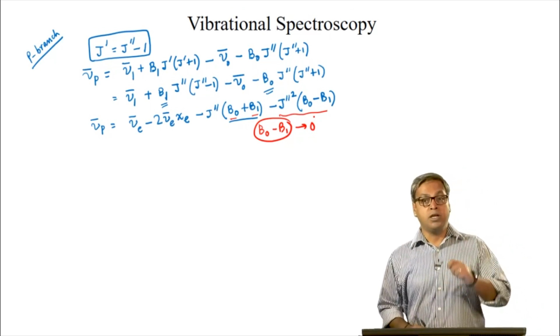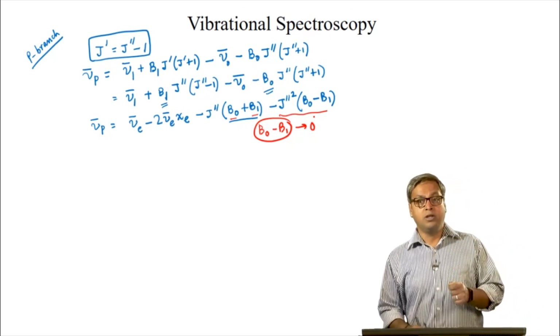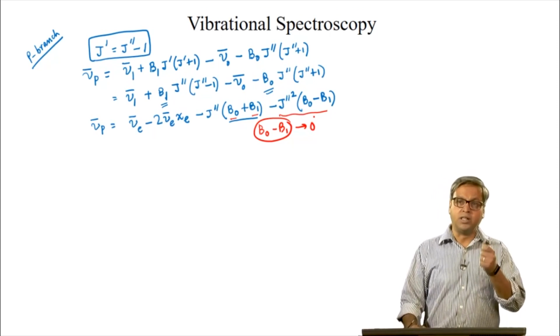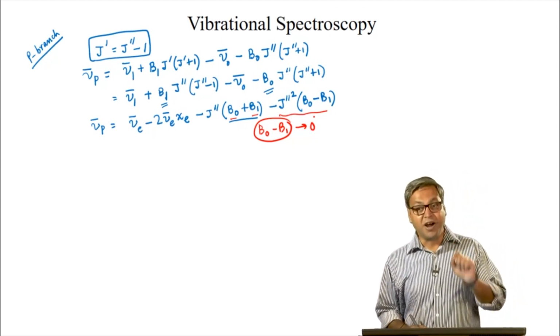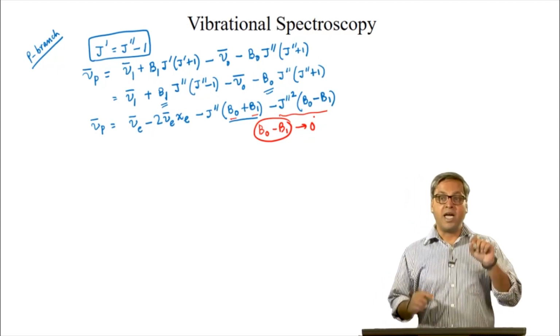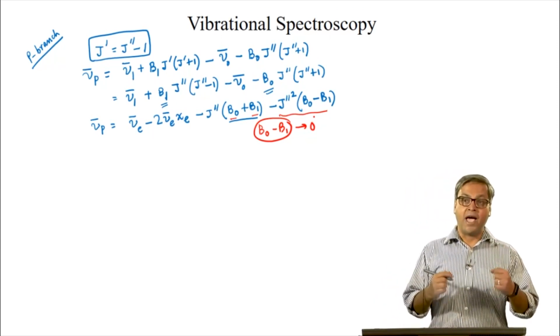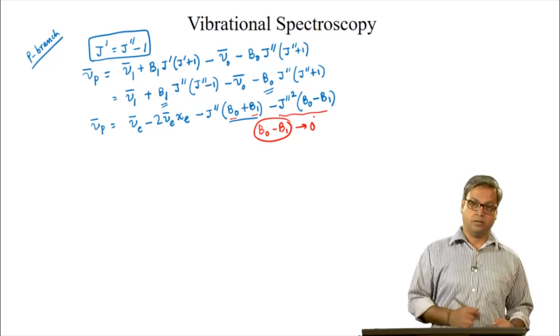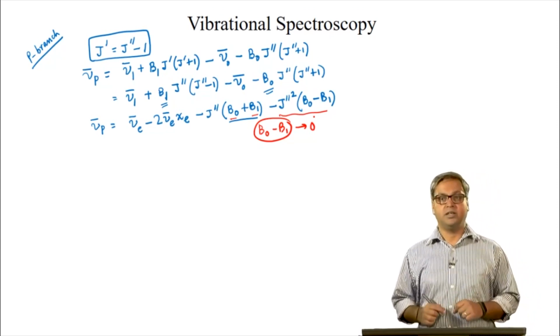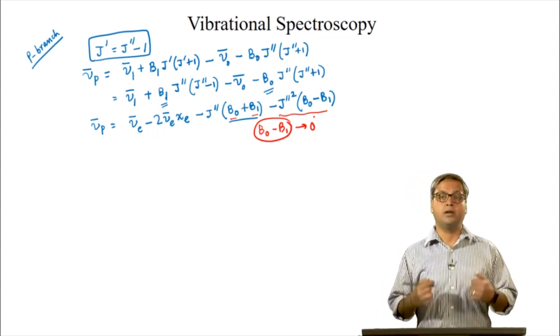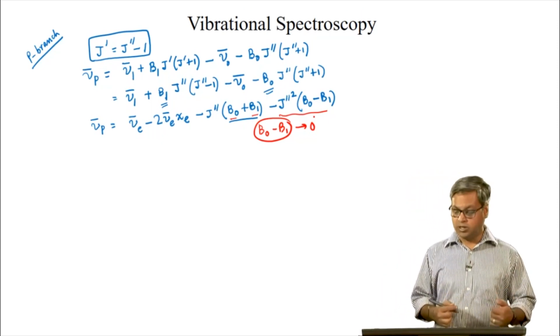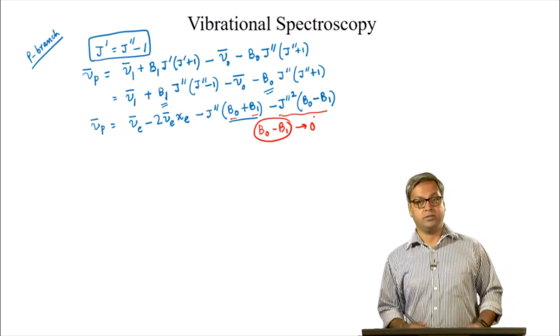This term is going to be small, since B 0 is only slightly greater than B 1. However, this term makes the energies lower as J double prime increases. So, the lines in the P branch are farther and farther apart as the rotational level increases.